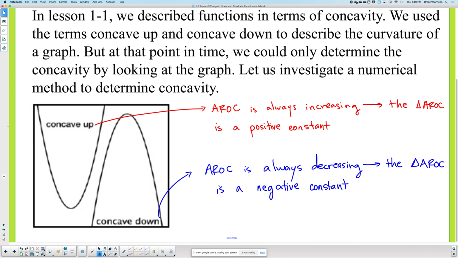A change in AROC of 0 means no concavity. Okay, let's write that in. Kind of like a little extra note here. I'll just put note instead of a star. How about that? Note. If change in AROC equals 0, then no concavity.